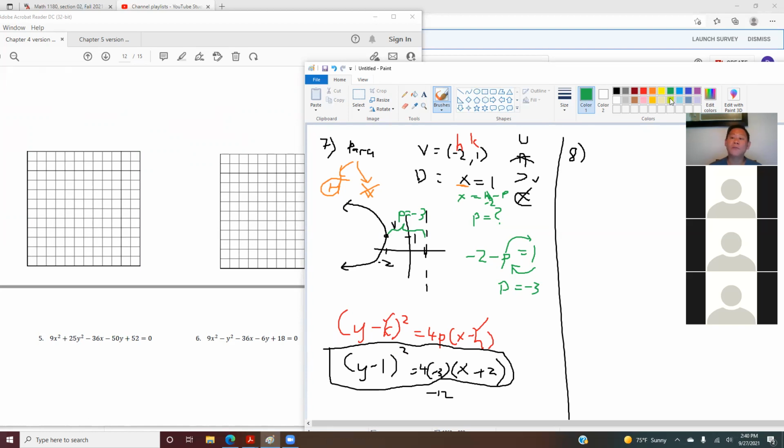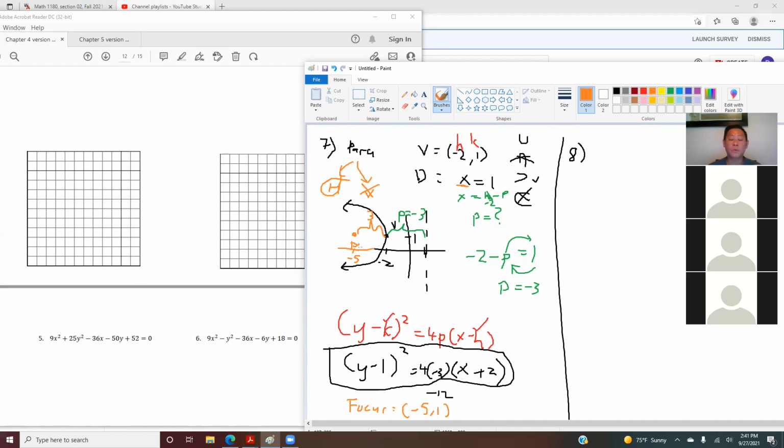Or if you want to figure out the focus point, your focus point is somewhere inside here, and the distance from the vertex to the focus point is also 3. So if a question asks for the coordinate of the focus point, in this case it will be at -5.